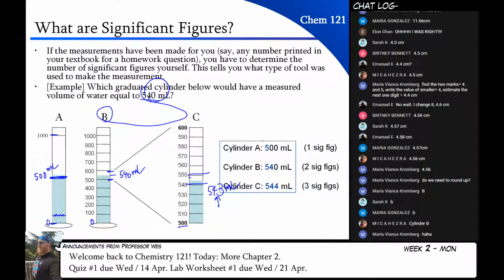Now you can see that the numbers that we wrote down have increasingly more and more sig figs, but there's an issue here. I wrote down 3 digits for all of them, so they all have 3 sig figs? Well, not quite. These zeros here have a very specific purpose, and that purpose is that these zeros are what are known as placeholders.